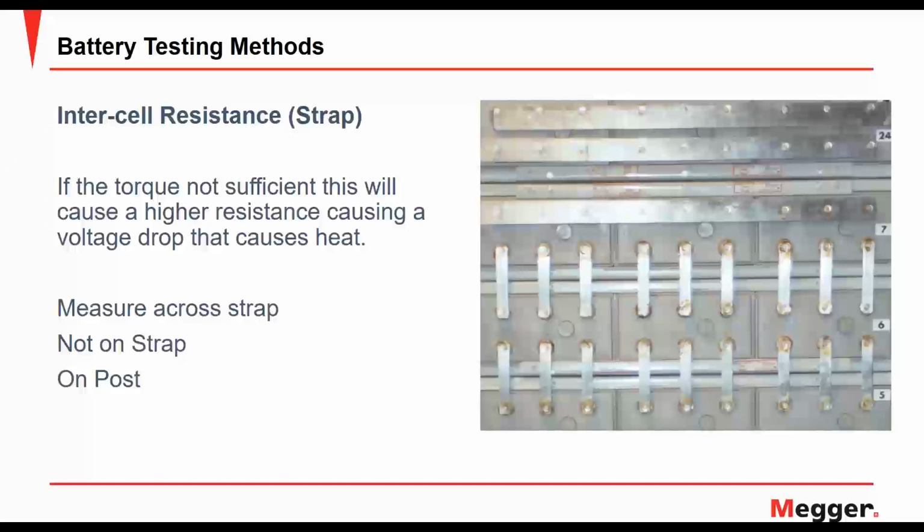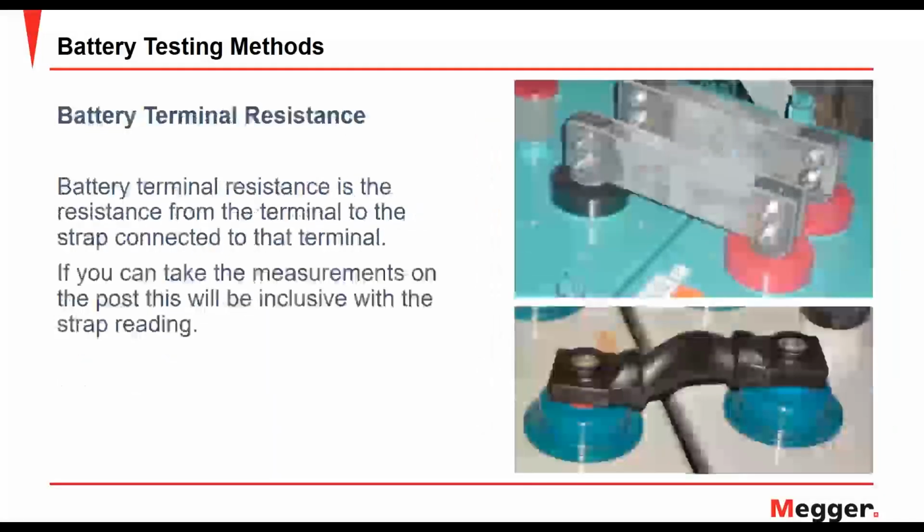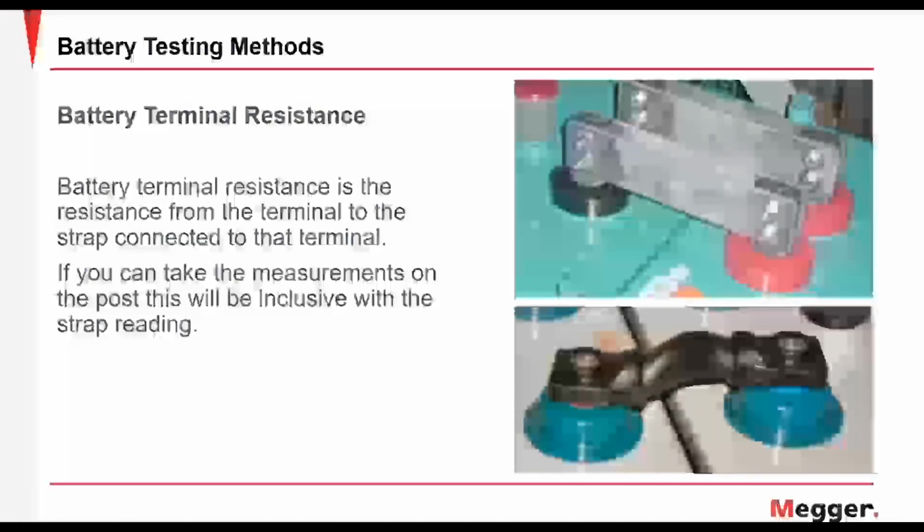Also, the connection between the battery and the strap could be checked with this post measurement. And I also want to mention the battery terminals. It's very important, as I mentioned earlier, to check the connection between the terminal of the battery, the post, and the strap itself. You usually do this by injecting a high current.